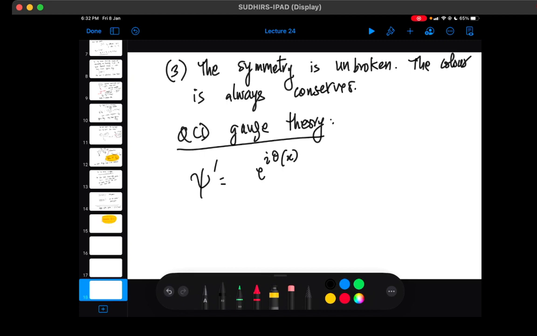How many thetas would there be? How many generators does SU(3) have? There will be 8 generators, lambda a, with a equal to 1 to 8, times psi. This is your SU(3) local gauge transformation.